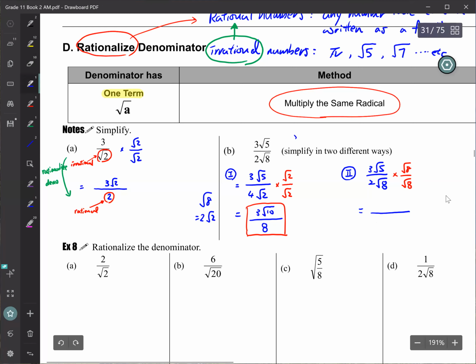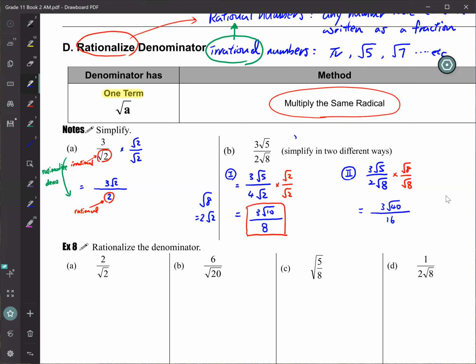Okay, so root 8 times root 8 becomes 8. So 8 times 2, 16. And the numerator, Eric? I think it's 3 times root 40. Yeah, 3 times root 40.